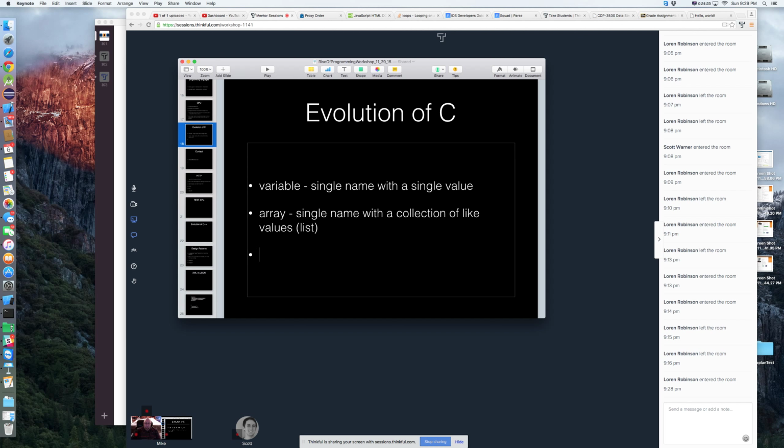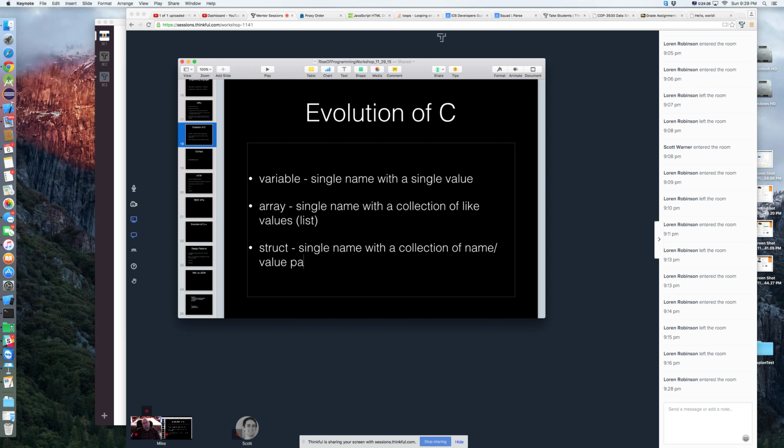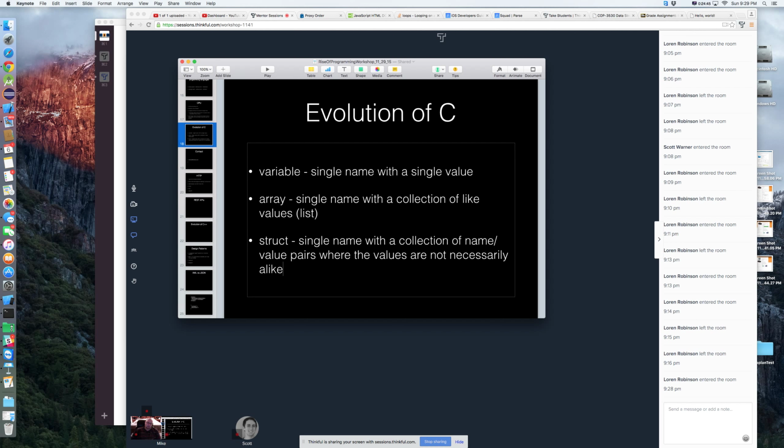So we have a variable, we have an array, and we have something called a struct. A struct is a single name with a collection of name-value pairs where the values are not necessarily alike.